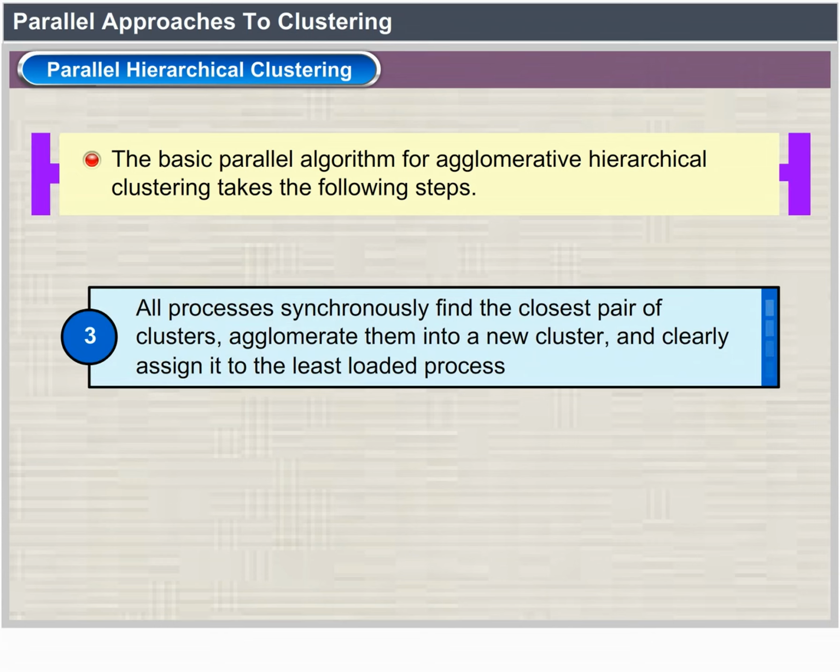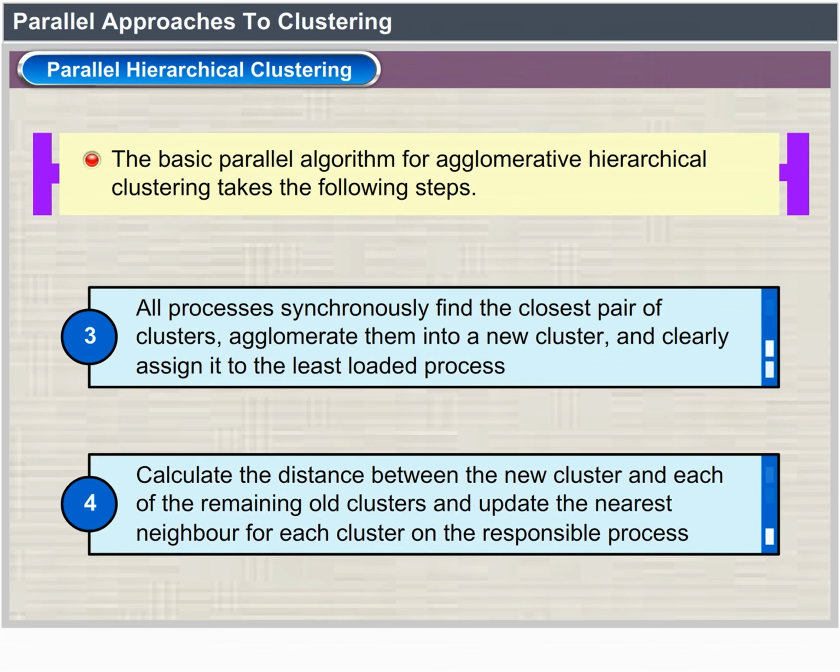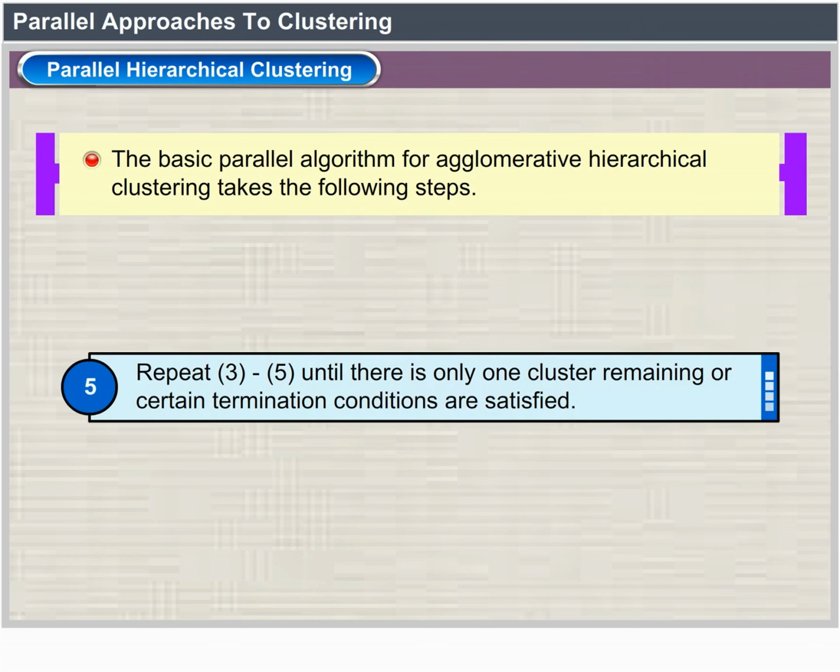Calculate the distance between the new cluster and each of the remaining old clusters and update the nearest neighbor for each cluster on the responsible process. Repeat steps 3 to 5 above until there is only one cluster remaining or certain termination conditions are satisfied.